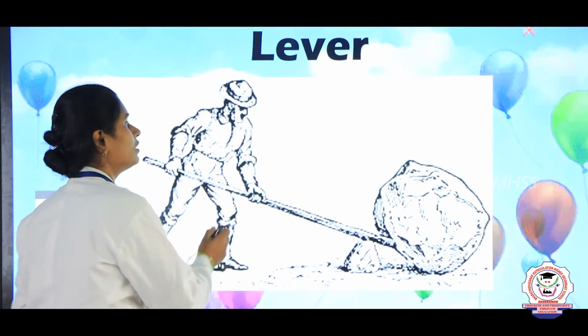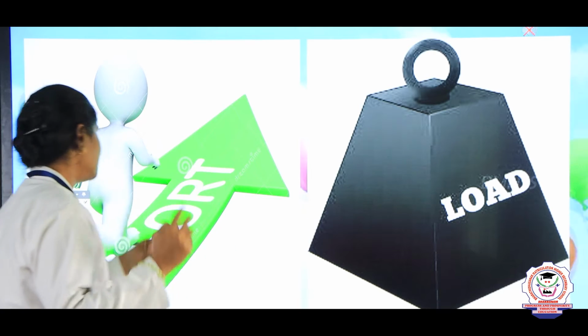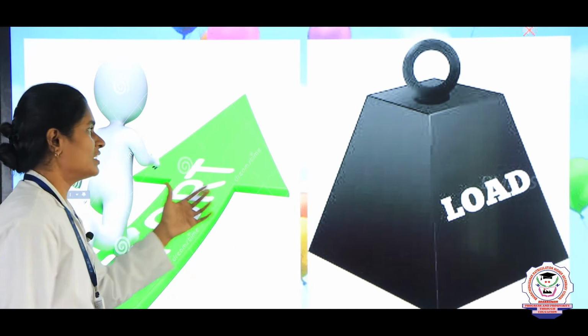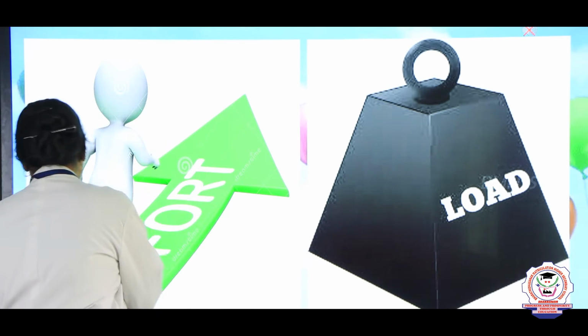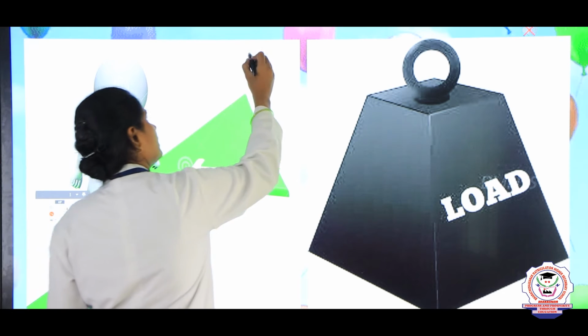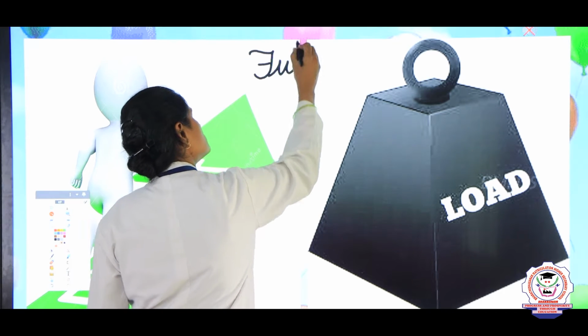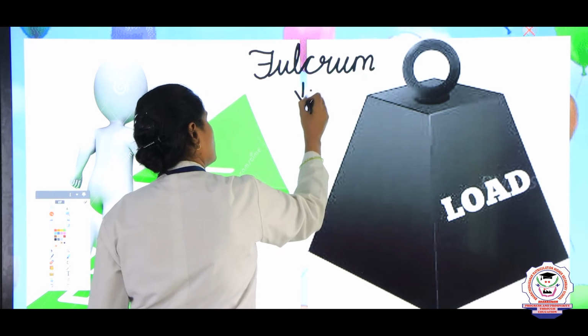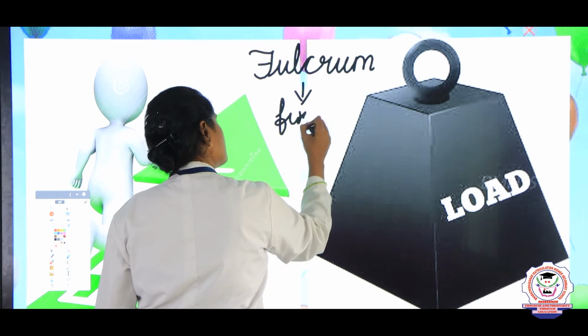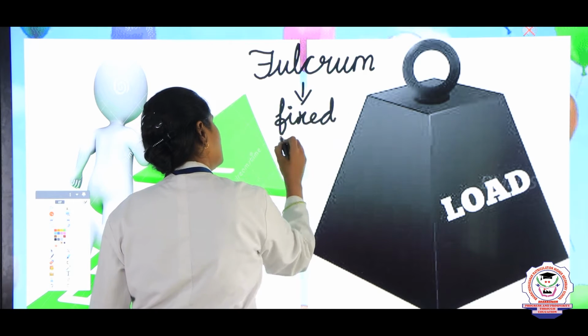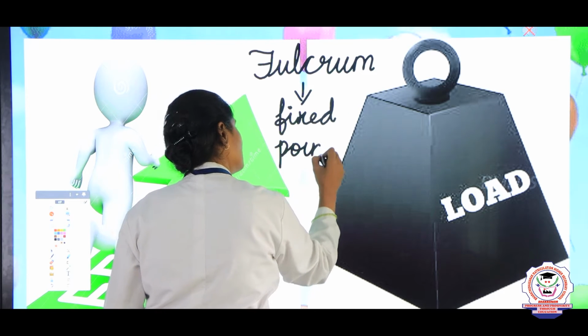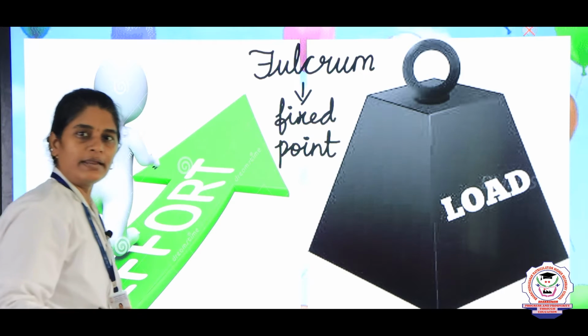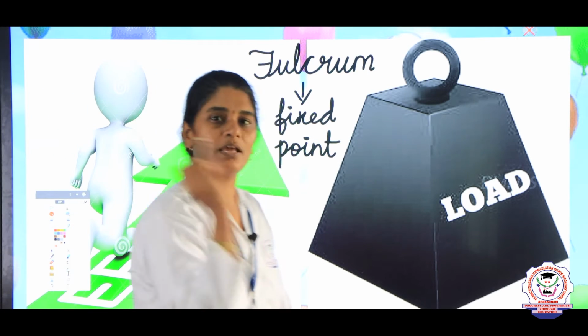Now let us see the three things that are present in a lever. First, as I told you, the fulcrum. The fulcrum is the fixed point where the lever moves. In any lever there will be a fulcrum.